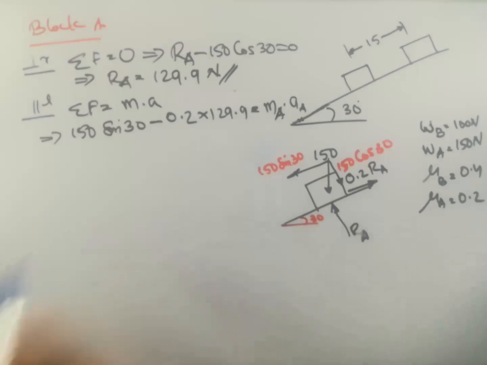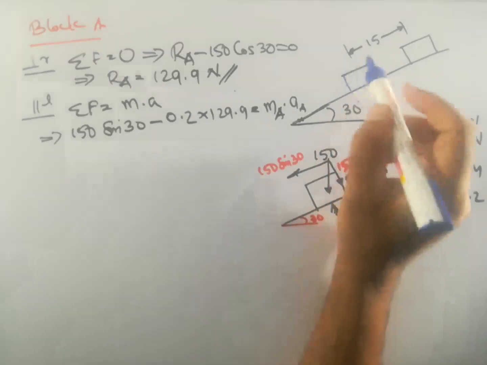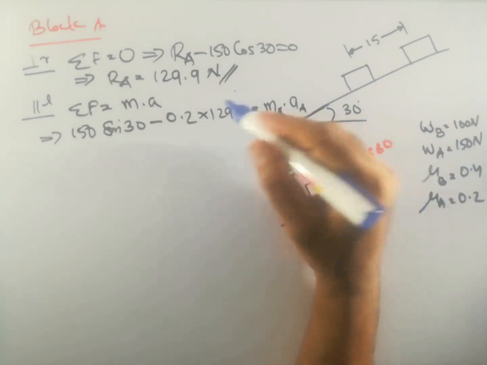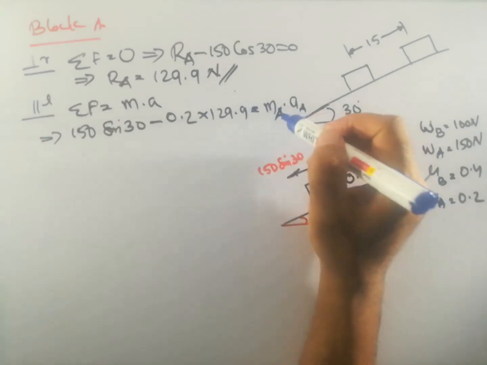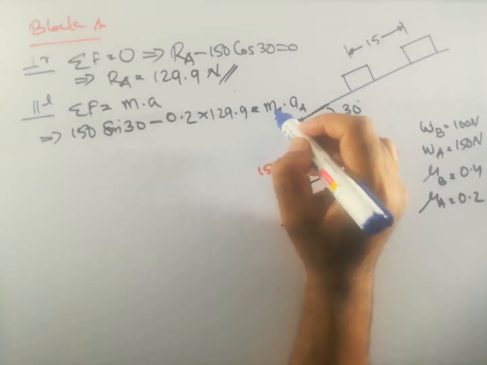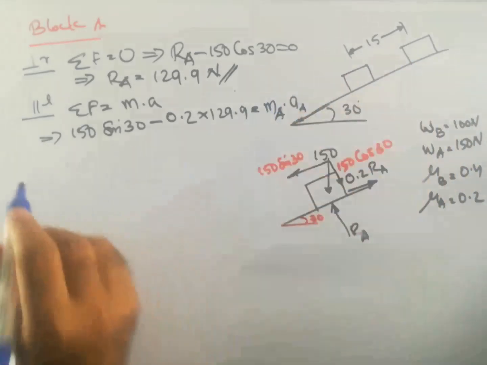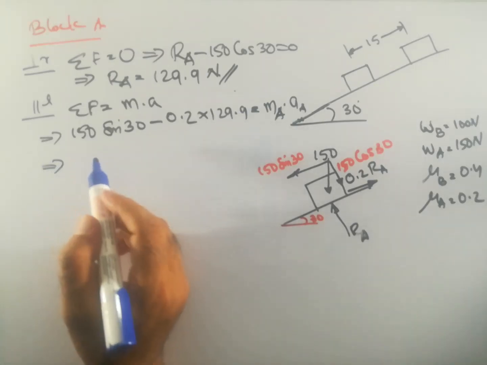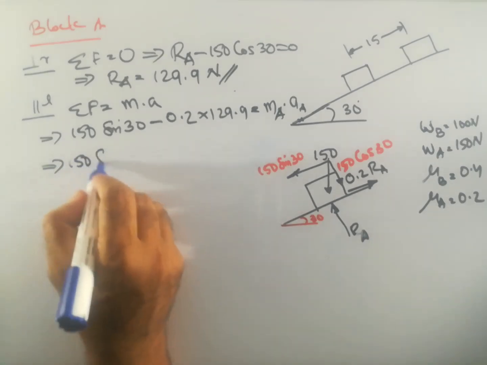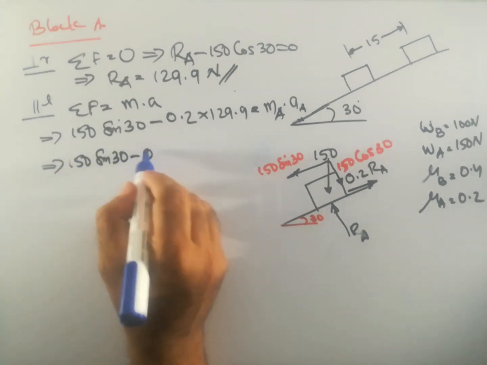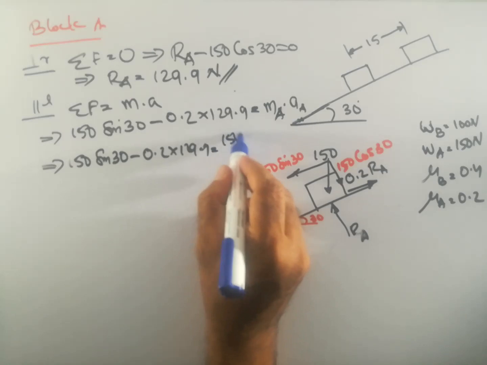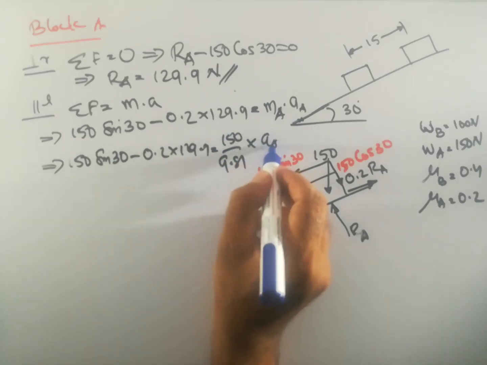So 150 sine 30 minus 0.2 into 129.9 is equal to ma into aa, where aa is the acceleration of A and ma is the mass of A. Therefore 150 sine 30 minus 0.2 into 129.9 equals 150 by 9.81 into aa.